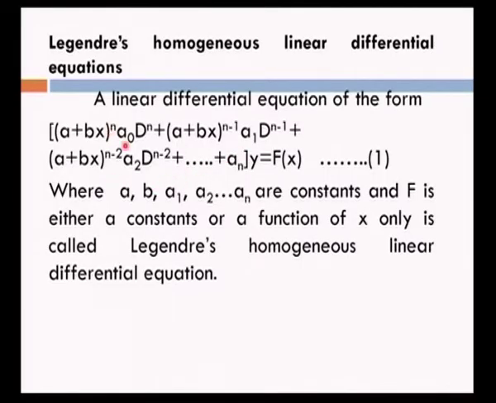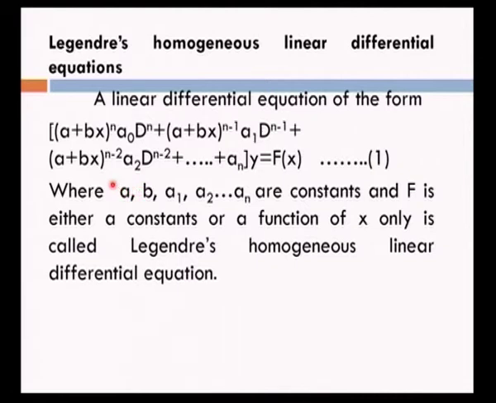A linear differential equation of the form (a plus bx) to the power n a0 d power n, plus (a plus bx) to the power n minus 1 into a1 d power n minus 1, plus (a plus bx) to the power n minus 2 into a2 d power n minus 2, plus etc., plus an into y is equal to f of x. This is the form of Legendre's homogeneous linear differential equation.